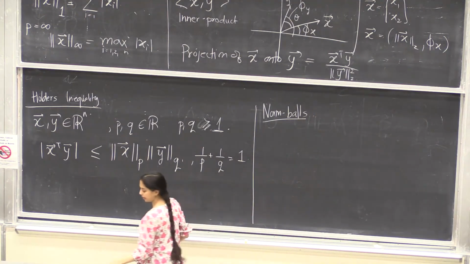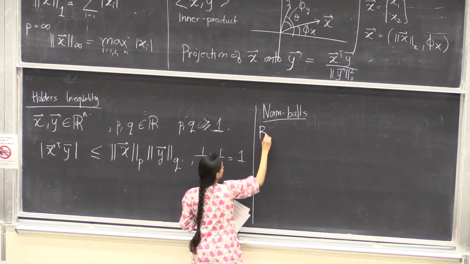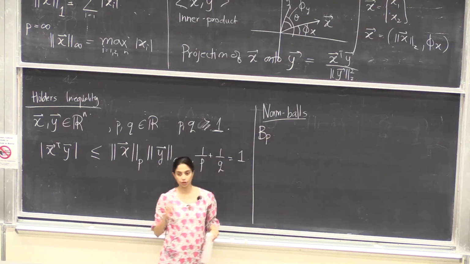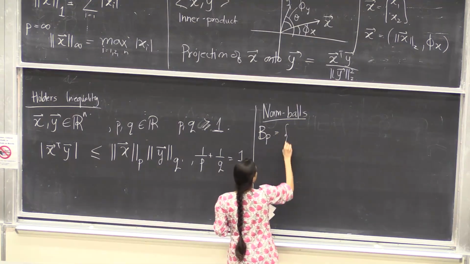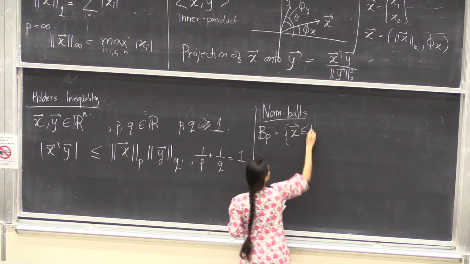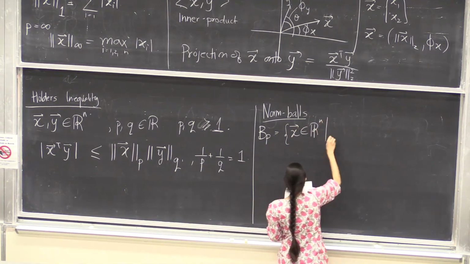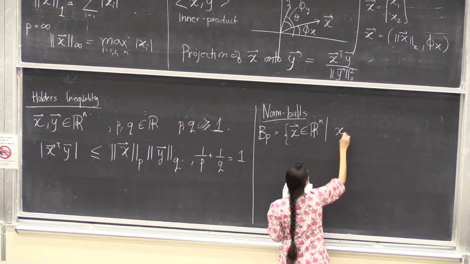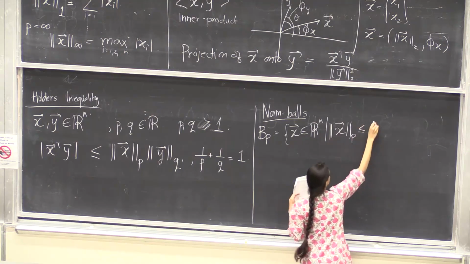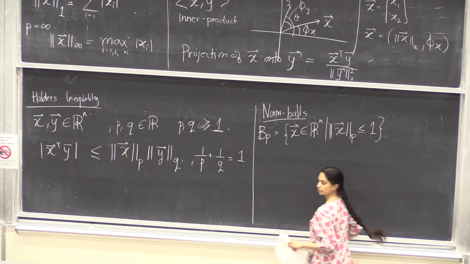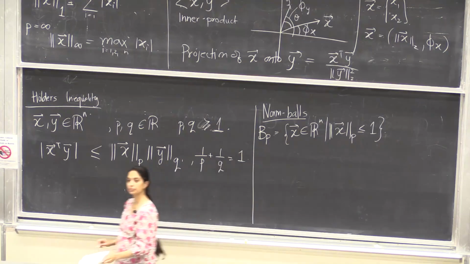So I want to define B_p, which is the norm ball corresponding to the p norm, as the set of all x belonging to R^n such that the p norm is less than 1. Okay?